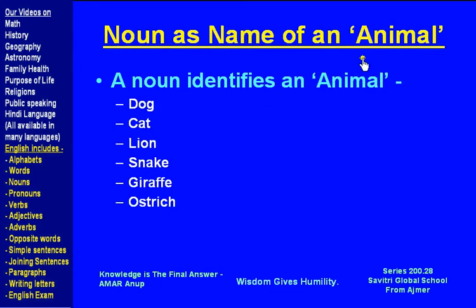Coming to examples of animals as noun, words like dog, cat, lion, snake, giraffe and ostrich are all birds or animals, and so they are all nouns. This is just to show how many words can be nouns.